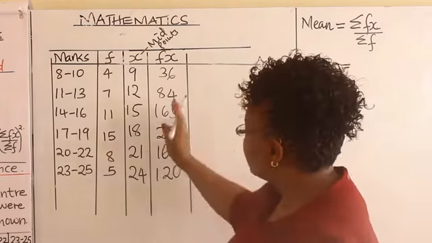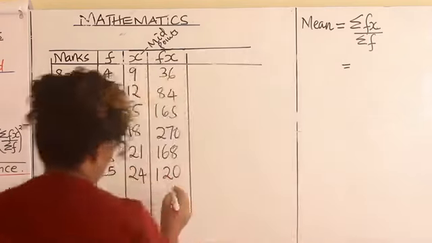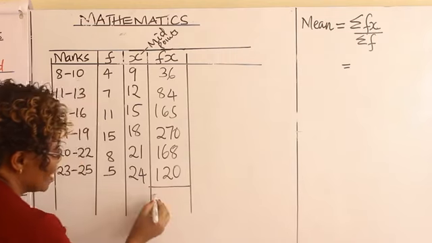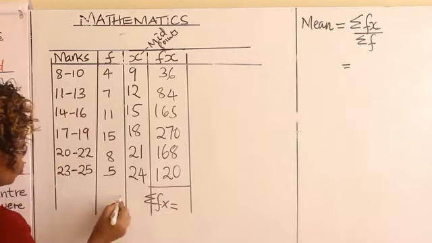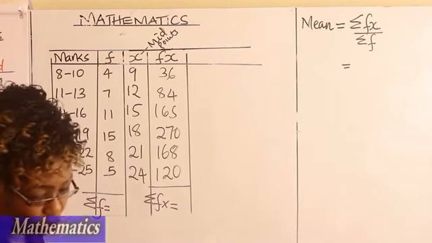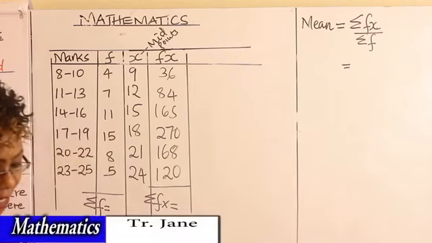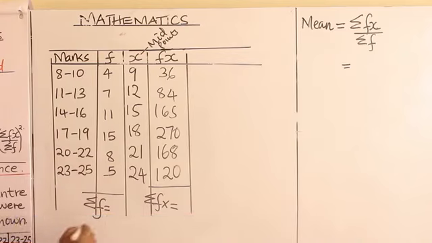So learner, with this column and this, we can now calculate the mean. You add these, learner, to get the sum of fx, and you also get the sum of f. What is our sum of f? You add all those, and you should get that our sum of f is 50.